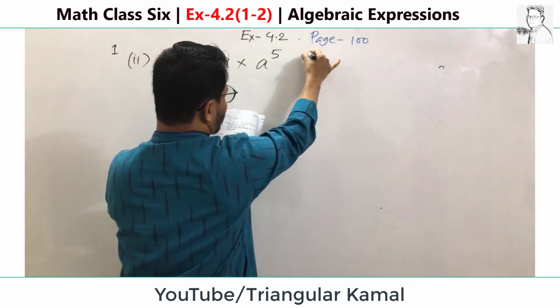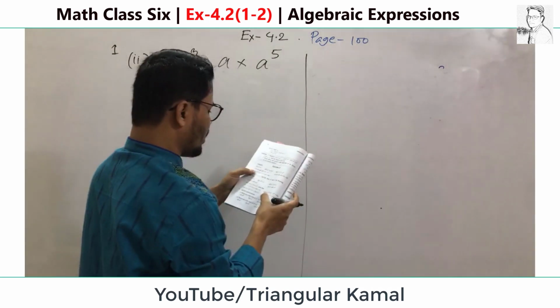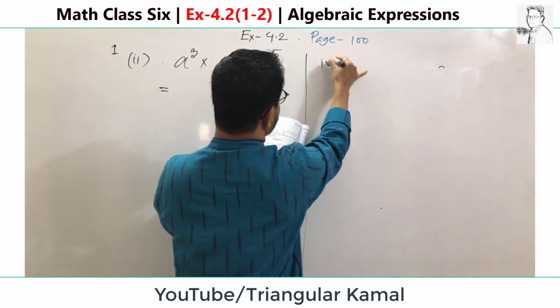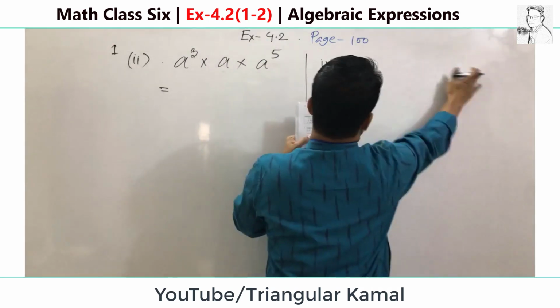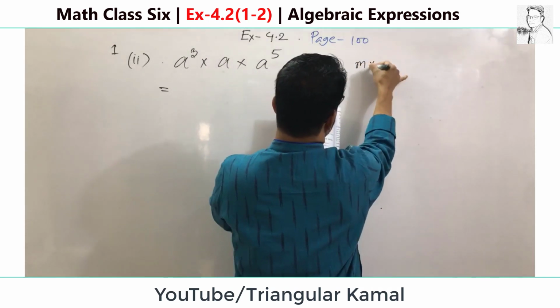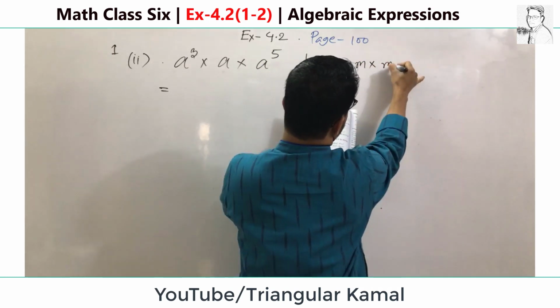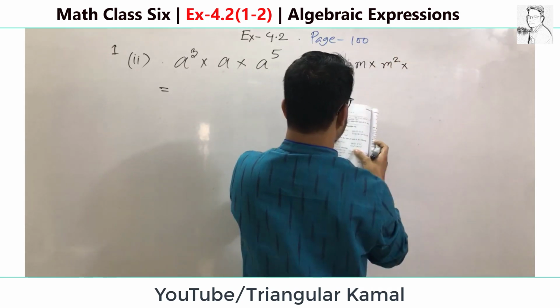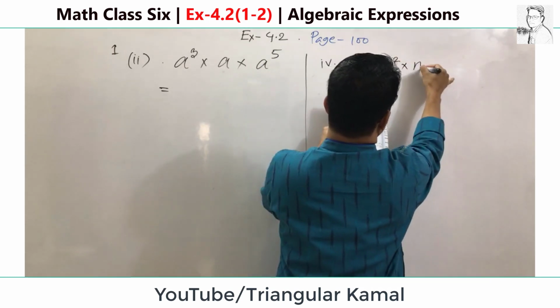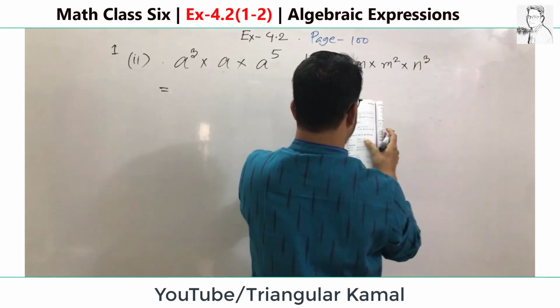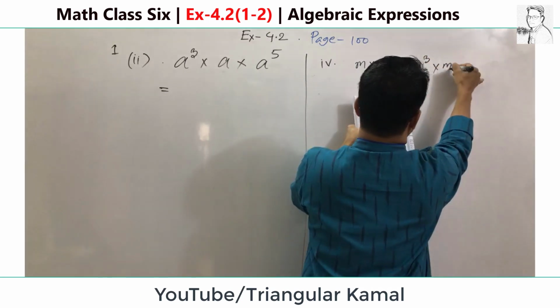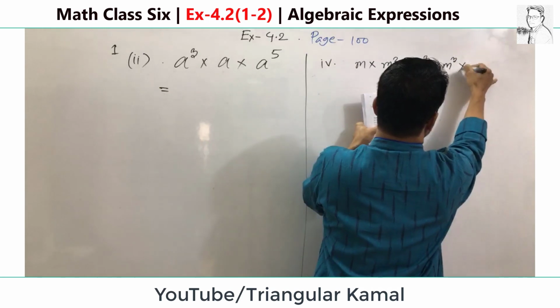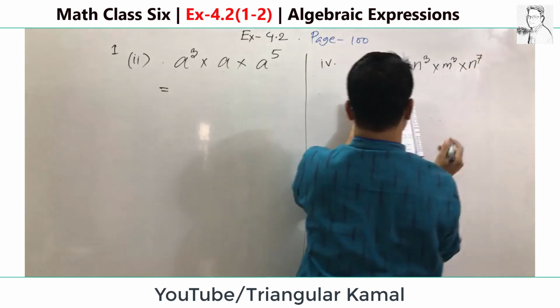The first question, and another question, number 4. Number 4: m multiplied with m square multiplied with n cube multiplied with m cube multiplied with n to the power 7.